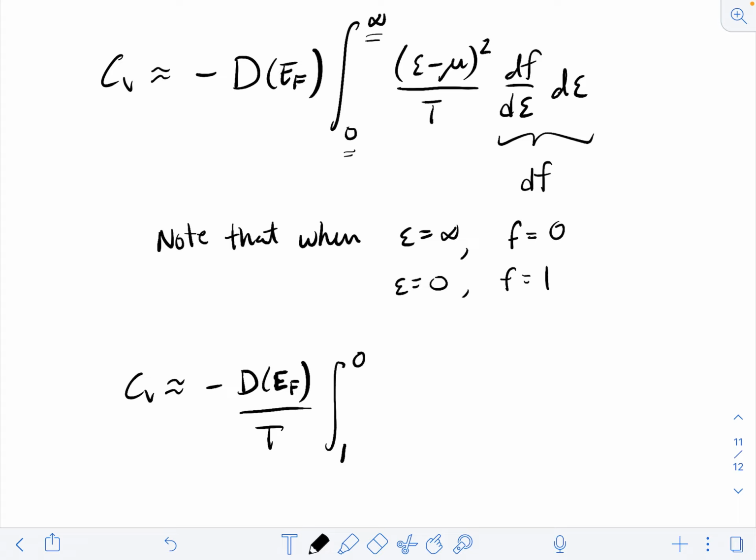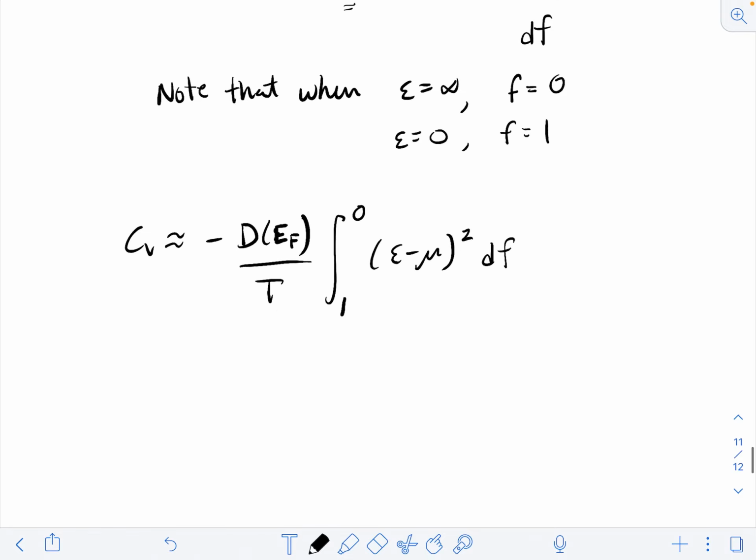So we go from f equals 1 to 0. And then we have epsilon minus mu squared, and then we have df. If we switch the order of the integration limits, we get rid of the minus sign that's out front.